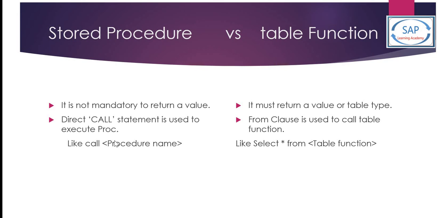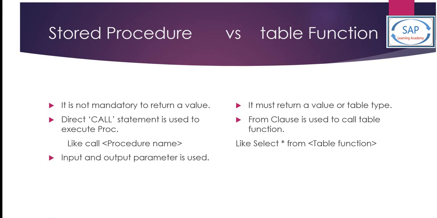For a procedure, we can simply write in the SQL editor call, then the procedure name. But in the case of a table function, you should write select. Then if you want to extract all the data, write star. Otherwise, you can put the fields, however many fields or whichever fields you want. Then from, then the table function.